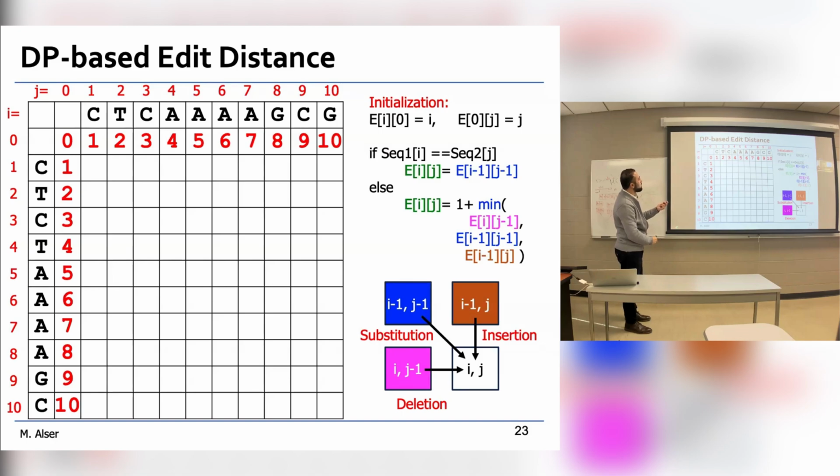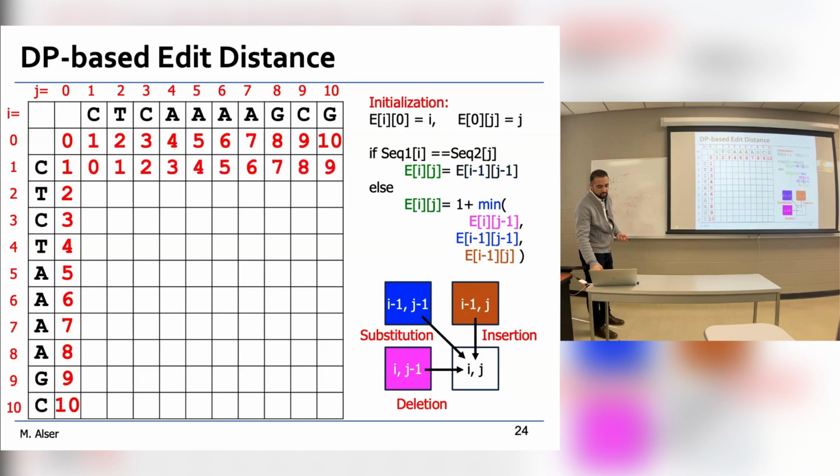Where are they? This, this, this. So we have 0, 1, and 1. What is the minimum out of the three values? 0. Then 1 plus 0 equals 1. Then this should be 1.